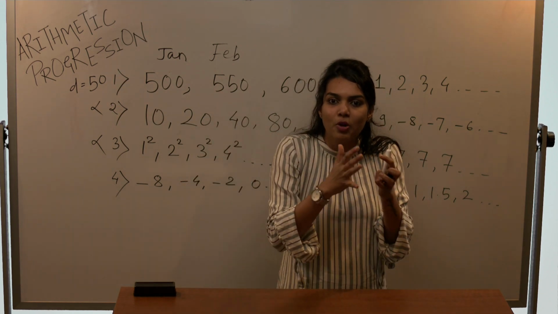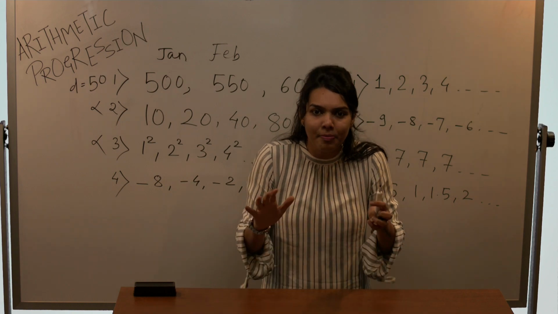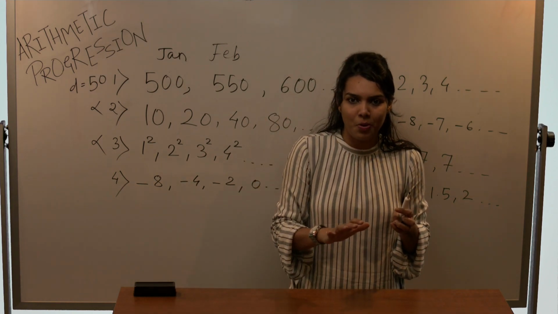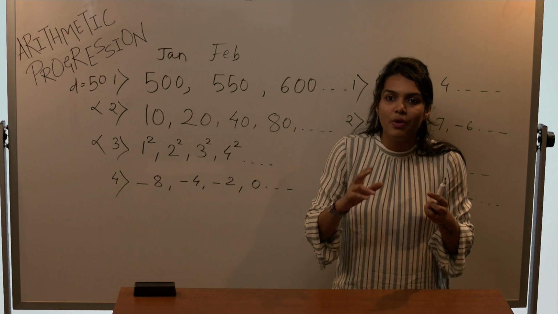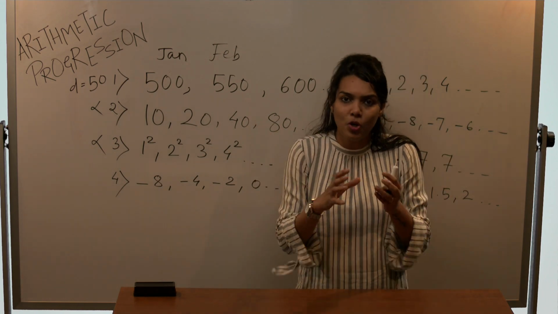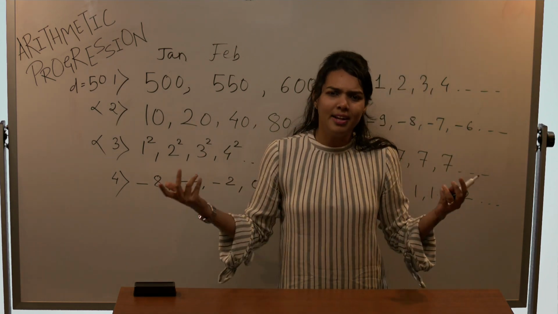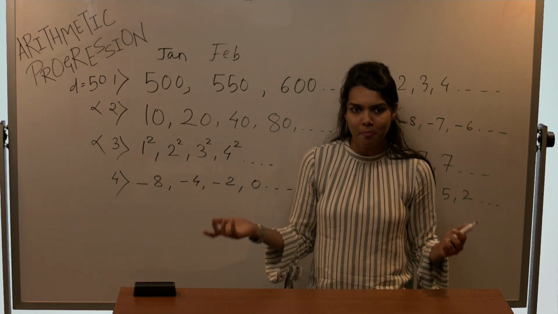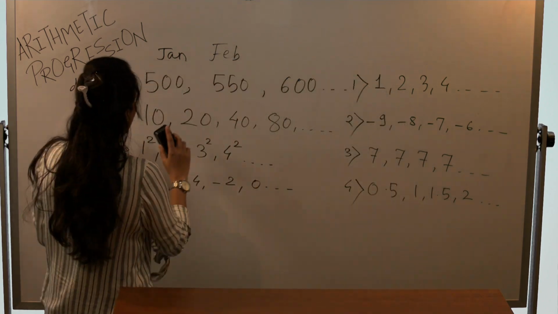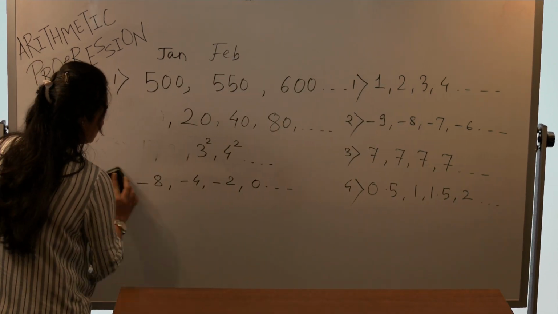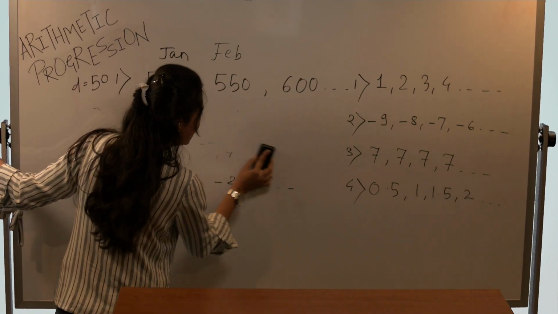If the difference between consecutive numbers is same, it is an arithmetic progression. If the difference between two consecutive terms is not same, it is just any sequence or any pattern. So I will cut all this part. This is now useless because we are not dealing with such sequences.